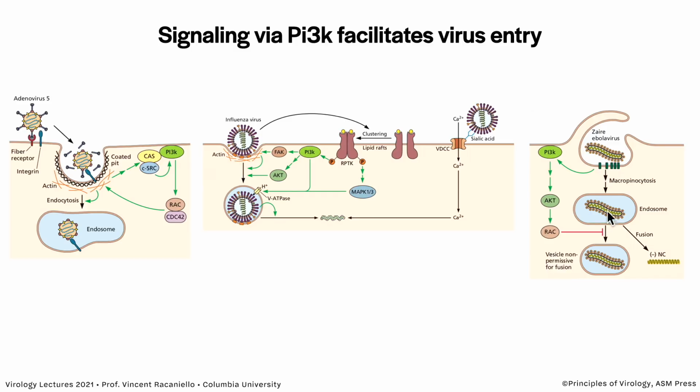But this is facilitated by PI3 kinase again, whose signaling, again, is stimulated by the binding of the virus to the receptor. It inhibits the transit of the endosome to later vesicles, which are not permissive for fusion. And so it makes sure that this step doesn't happen so the virus gets out of that endosome so it can get the RNA in the cytosol. Otherwise, in this later vesicle that this endosome would fuse with, the virus wouldn't be able to get out. So signaling takes care of that.